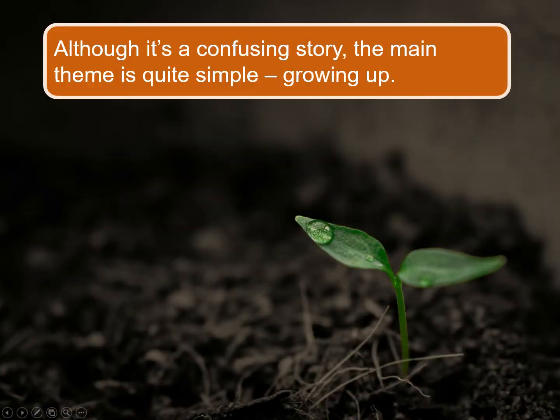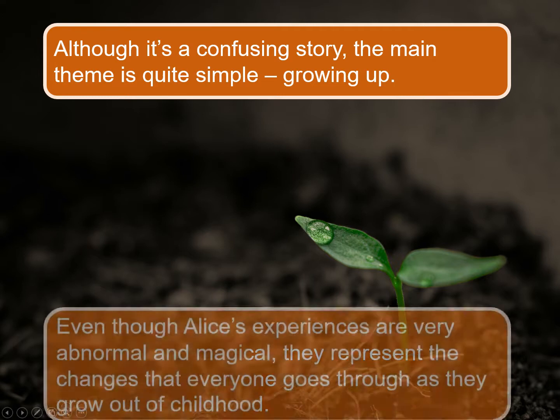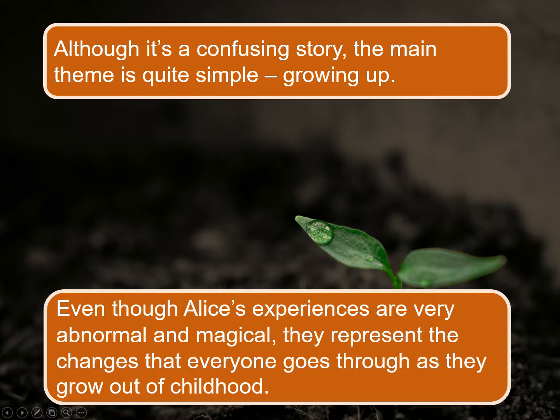Although it's a confusing story, the main theme is quite simple: growing up. Even though Alice's experiences are very abnormal and magical, they represent the changes that everyone goes through as they grow out of childhood.